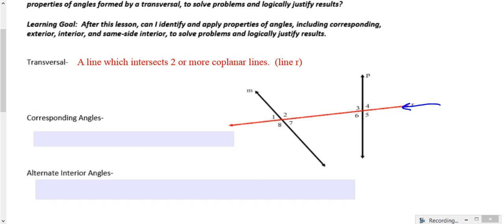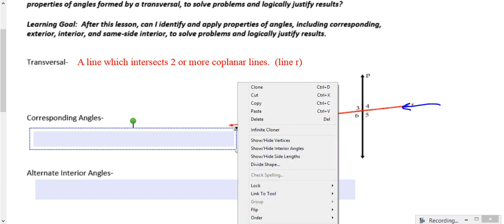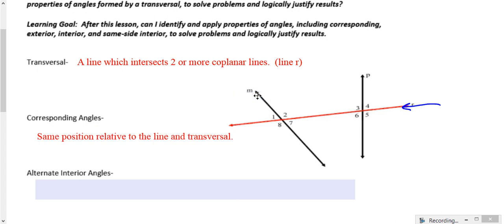Our second definition is corresponding angles. Now again, our point here is to draw a transversal and then create these angles 1, 2, 3, 4, 5, 6, 7, 8. So these angles are now created, and we're going to talk about how they are related and described. So corresponding angles are in the same position relative to the line and transversal.